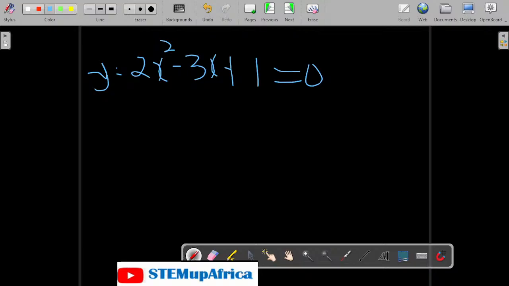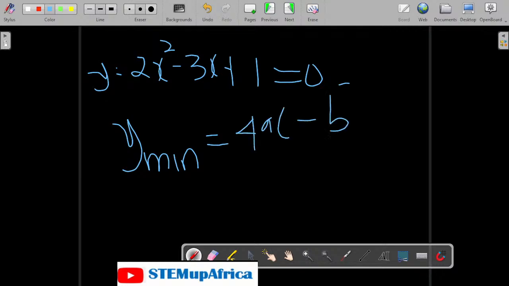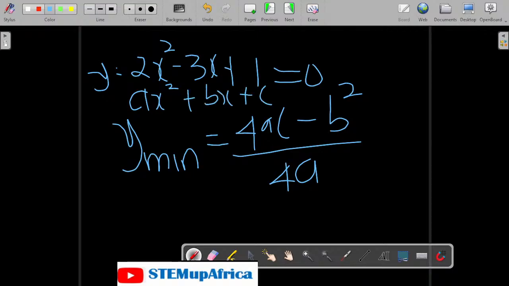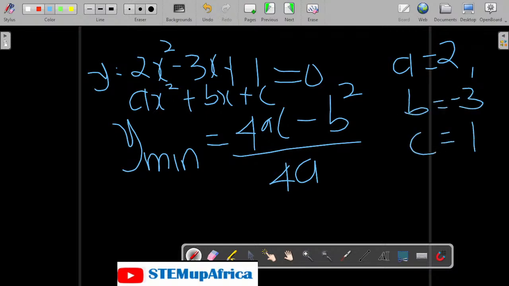So how do we get our minimum? The y minimum is 4ac minus b squared divided by 4a. This is how you determine the minimum. If you compare ax squared plus bx plus c, you agree with me that our a is 2, our b is minus 3, our c is 1.